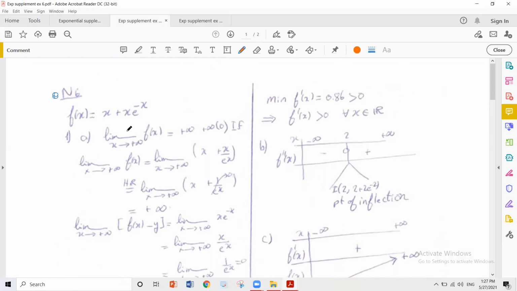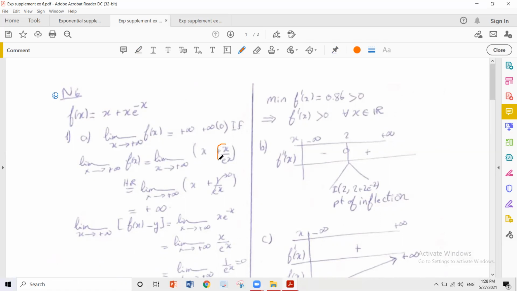The limit of f(x) as x tends to plus infinity equals plus infinity. Infinity times e to the minus infinity, which is 0, is indeterminate. I put e^x in the denominator: the limit as x tends to plus infinity of x + x over e^x.